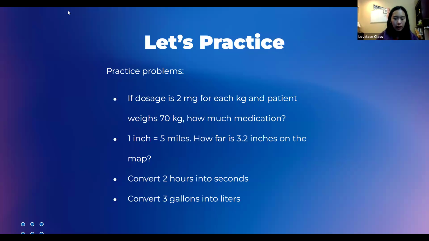I think 1 gallon, the ratio is like 3.785 liters. So if that helps, instead of just searching it up, that's something that you could do.